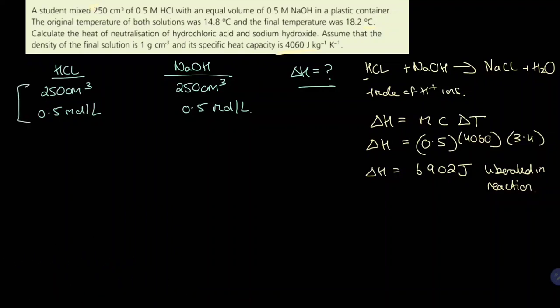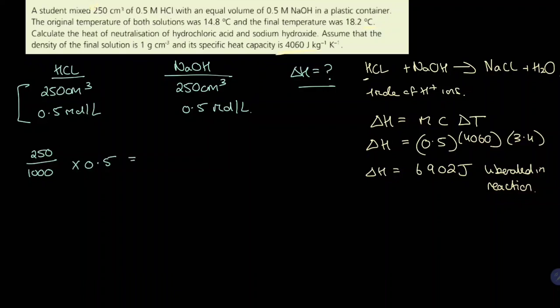Now, I only had 250 centimeters cubed of 0.5 moles per litre. So if I had a litre, I would have 0.5 moles of it. However, I only had 250. And we're going to use that relative to what a litre would be and multiply it by 0.5, which is the molarity.